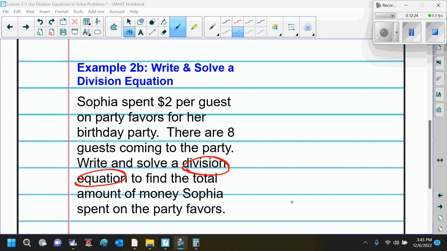All right, so let's use F for party favors. Let's use M instead. M for the amount of money spent on party favors.